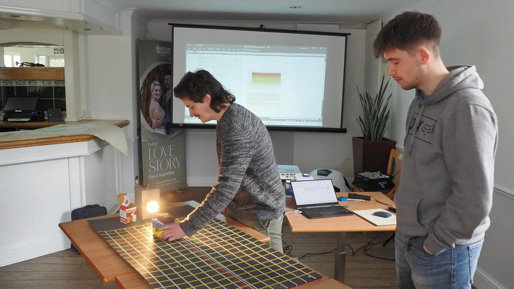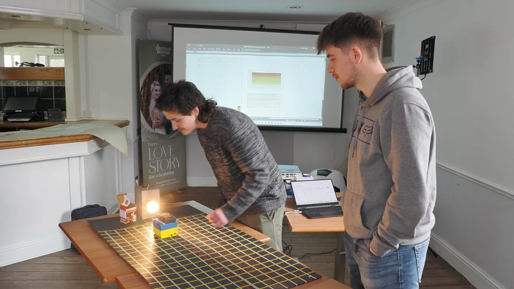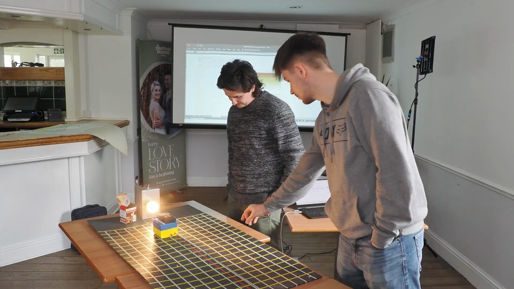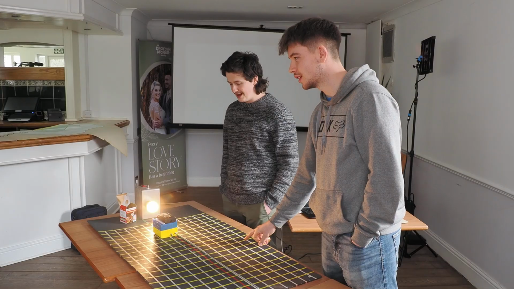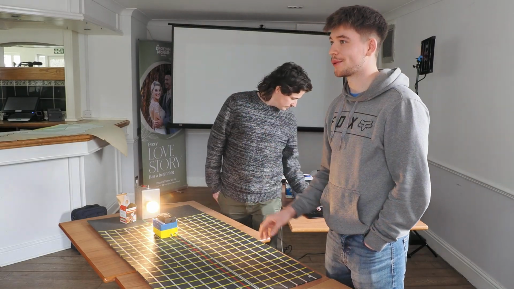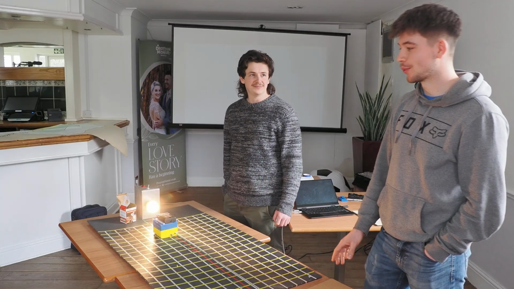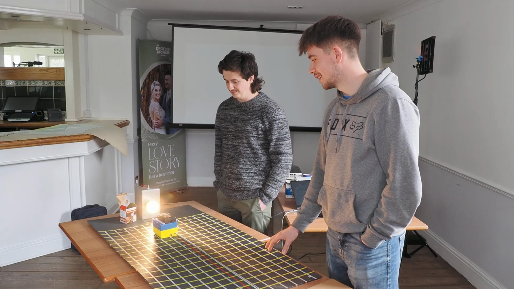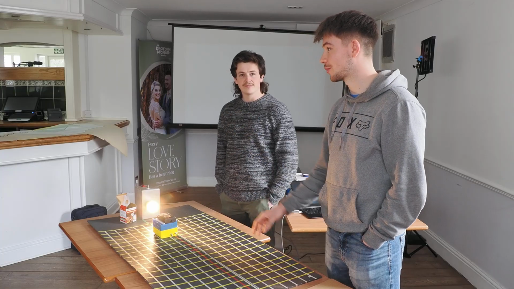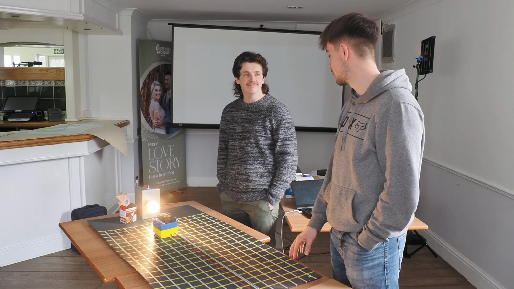Something to note as well, if you're doing this yourself, is obviously this is set out into, what is it, 5 centimetre increments? Yeah. But if you're doing something on a larger scale, what we found is you end up taking hundreds of readings and it can take a really long time. So it's worth using a bit of common sense, and for the larger things, you can do 30 or 40 centimetre increments.